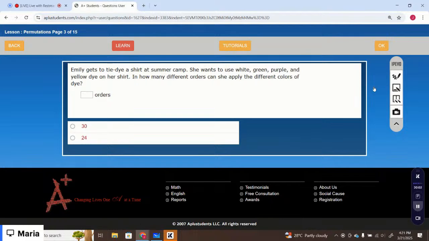That is 24. Option number two is the correct option.